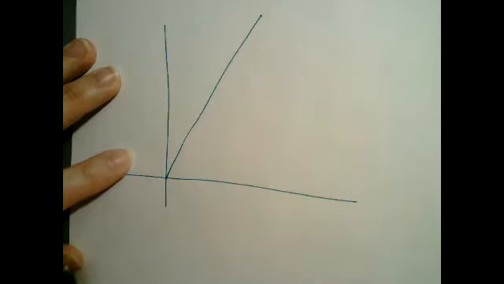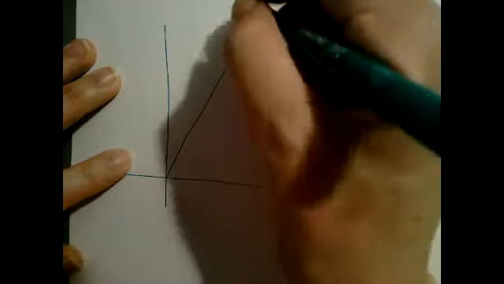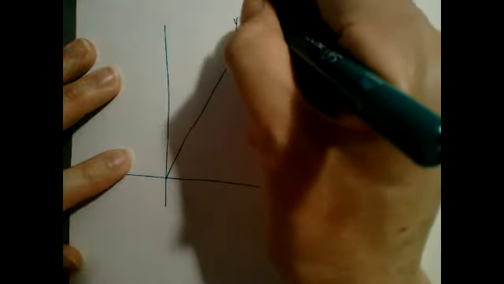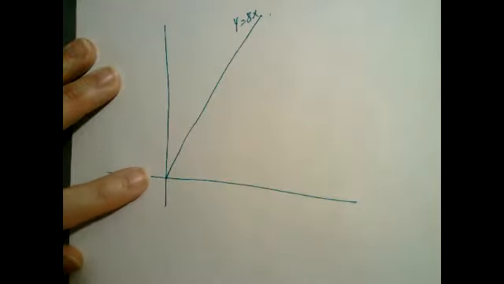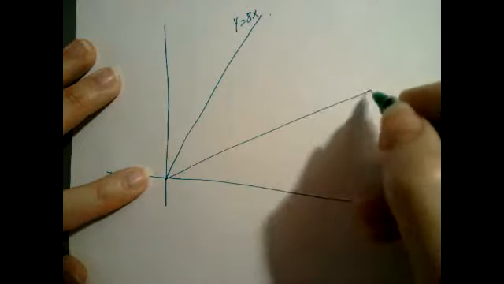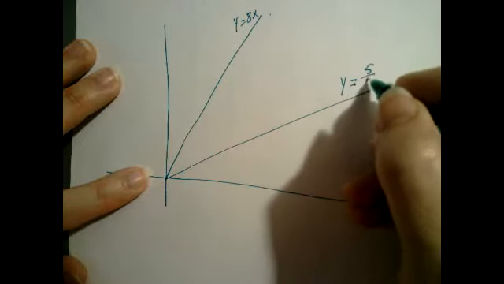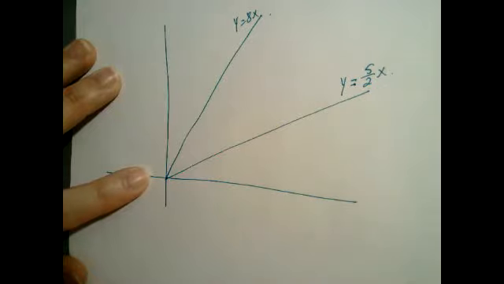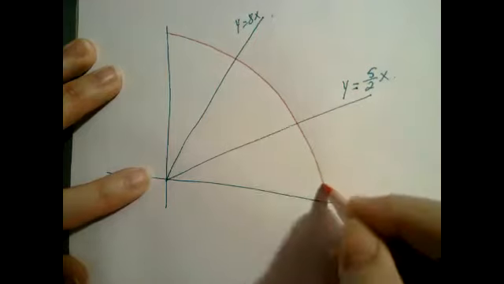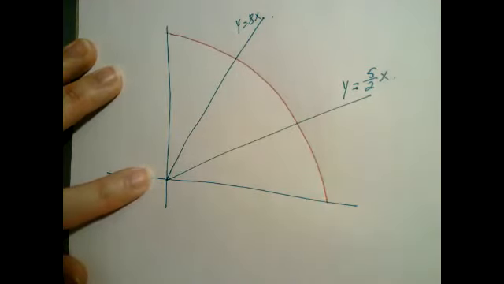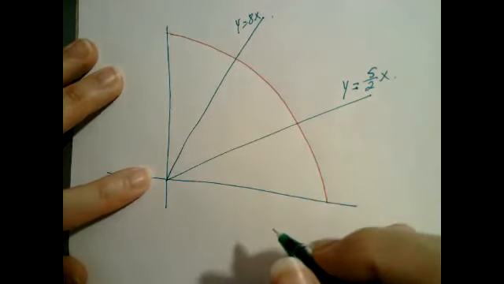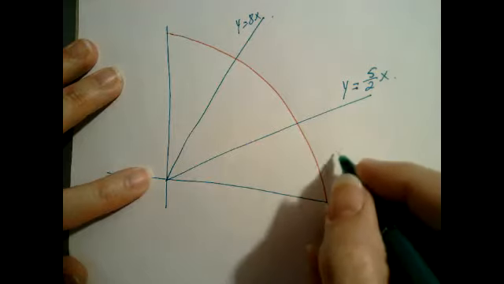I have a line. According to the book, y equals 8x. I have another line, y equals 5/2 x. And I have a curve, this curve, and this is y equals 9 minus x squared.